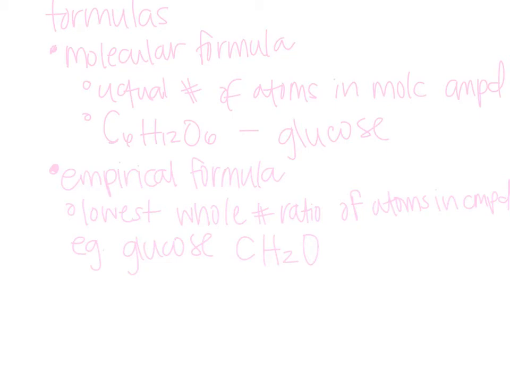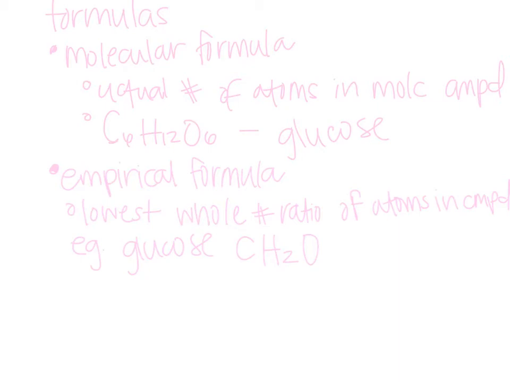And basically, the reason that we use empirical formulas in science and in chemistry especially is that when chemists analyze an unknown substance, they don't know its molecular formula, but they can determine the elements that make it up and how many of each element are in the compound.